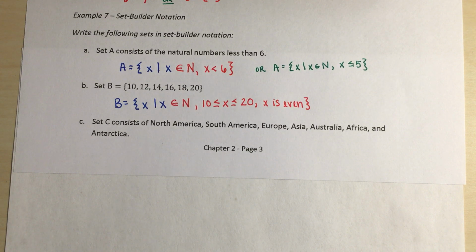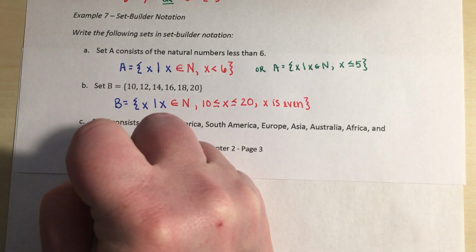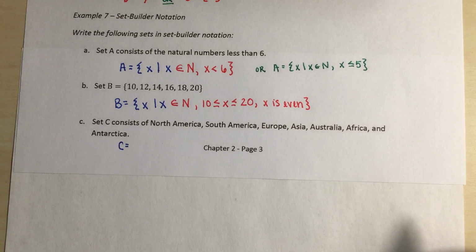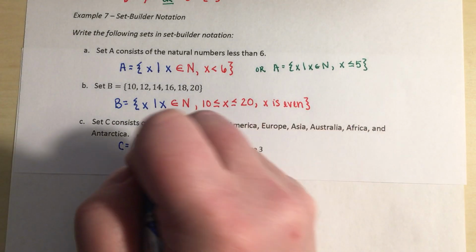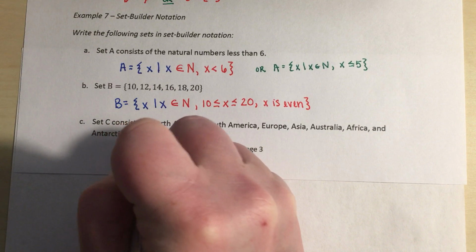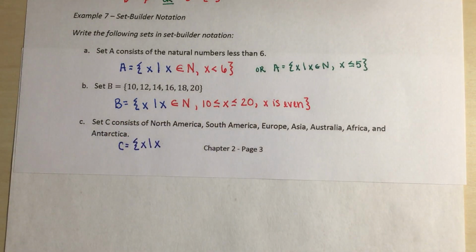All right, now set C is slightly different. Set C consists of North America, South America, Europe, Asia, Australia, Africa, and Antarctica. We're still going to start with the exact same beginning point: set C is all X such that X. The only difference is that here we don't have any numbers, so we're not going to have numbers and symbols in this one.